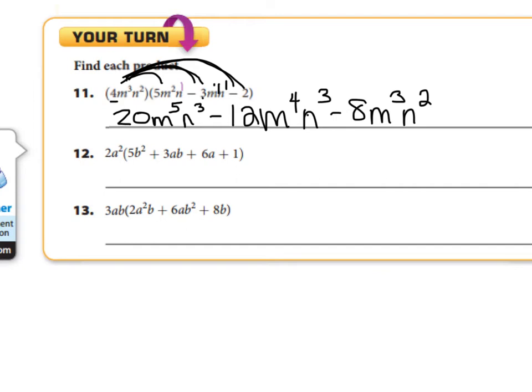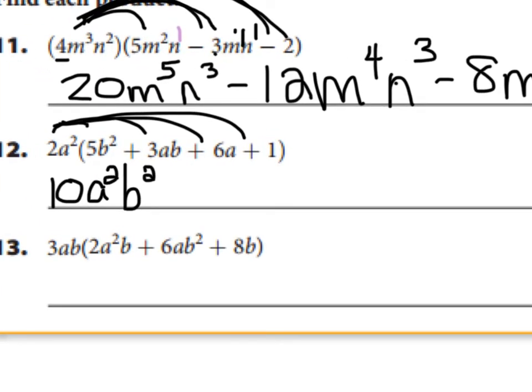Number 12, this time you have the 2a squared to not just 3 terms, but 4 terms. 2a squared times 5b squared. We know the 2 times 5 is 10. Since a squared and b squared aren't the same, we just attach them together and remember alphabetically. If you needed to, you could have inserted in those invisible exponents.